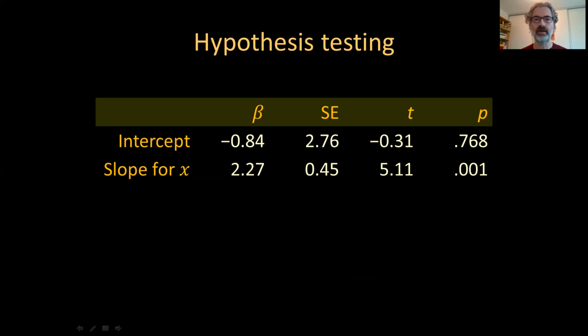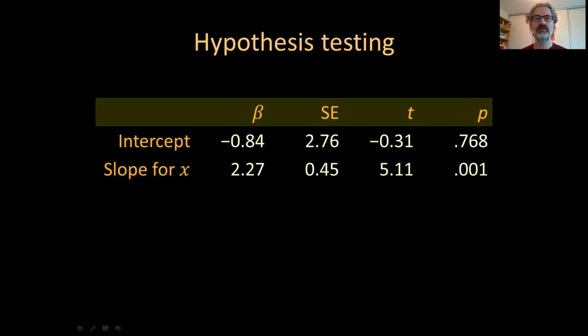What we do care about is whether the slope is statistically different from 0. So a statistically significant slope tells us that x is a significant predictor of y, that by using x, we can reduce the variance in y by a statistically significant proportion.